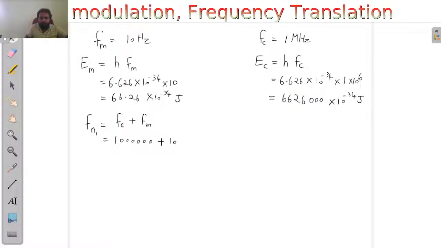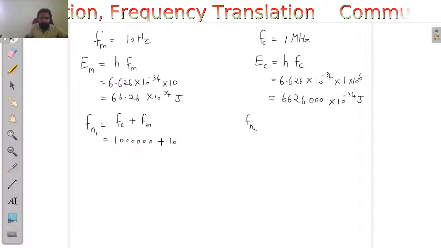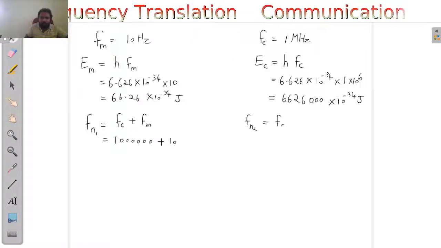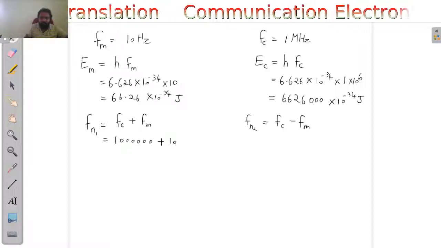Then here I will be writing Fn2, the difference frequency, which is equal to the carrier frequency minus the modulating frequency.